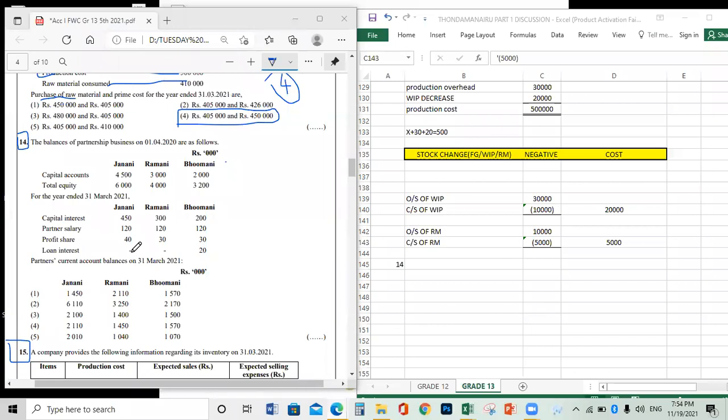Unless it's a part 2 question. If it's part 1, no one is going to check your working, so just do it for yourself. For the current account, the current account is equity. If you credit equity, does it increase or decrease?